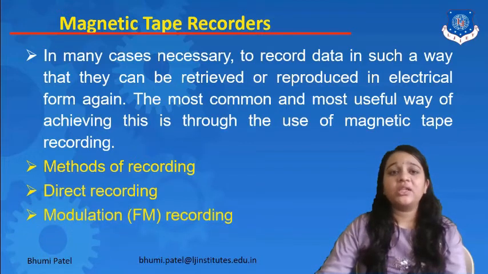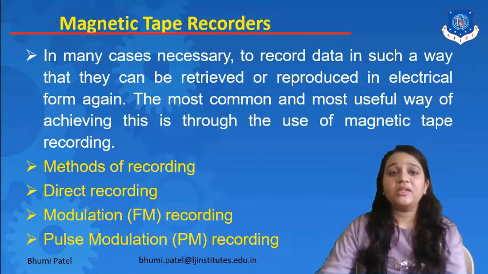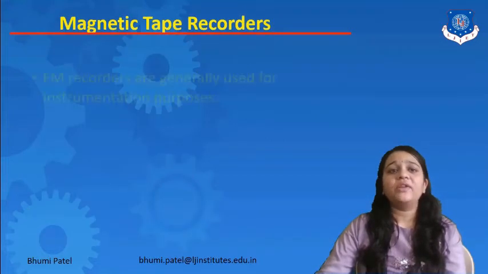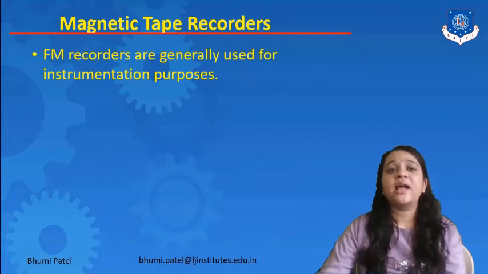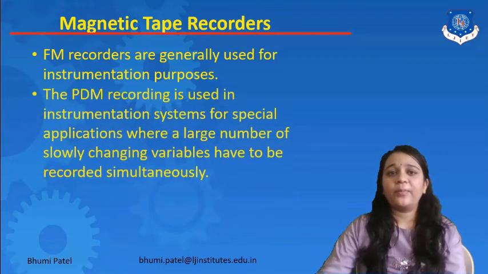The first one is the direct recording method, the next one is the FM (frequency modulation) recording, and the third one is the pulse modulation recording. Whenever an analog signal is generated in the input, we can use a magnetic tape recorder. In magnetic tape recorders, FM recording is generally used for instrumentation purposes.